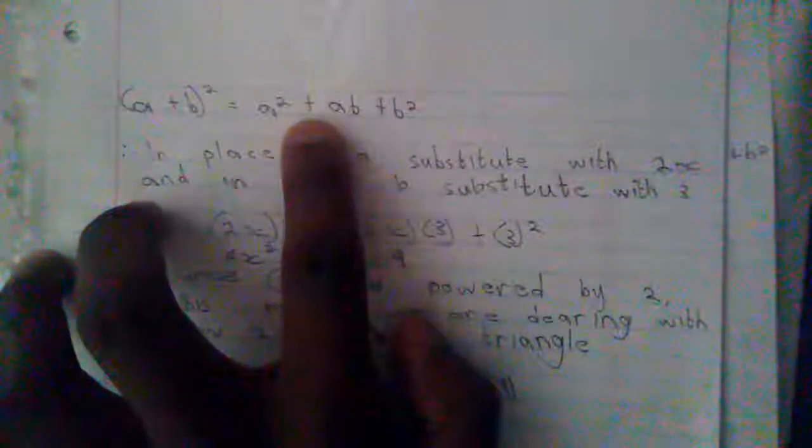If you first try to solve it, you will find that it will be a squared plus ab plus b squared, and then, well, technically it's supposed to be a squared plus 2ab plus b squared, but just for the time being, let's do it in this manner.